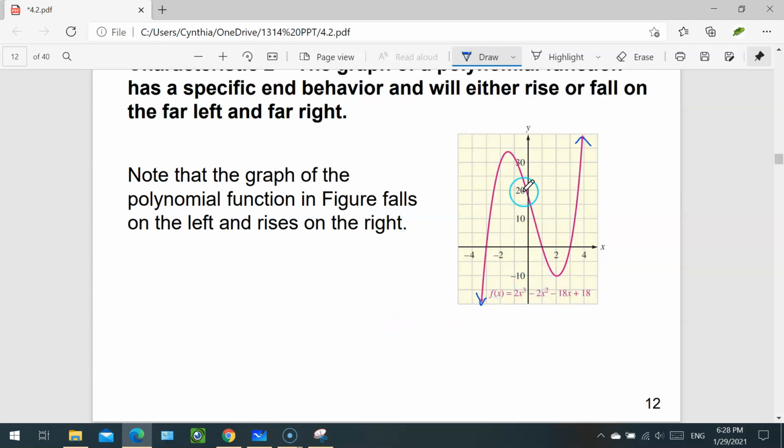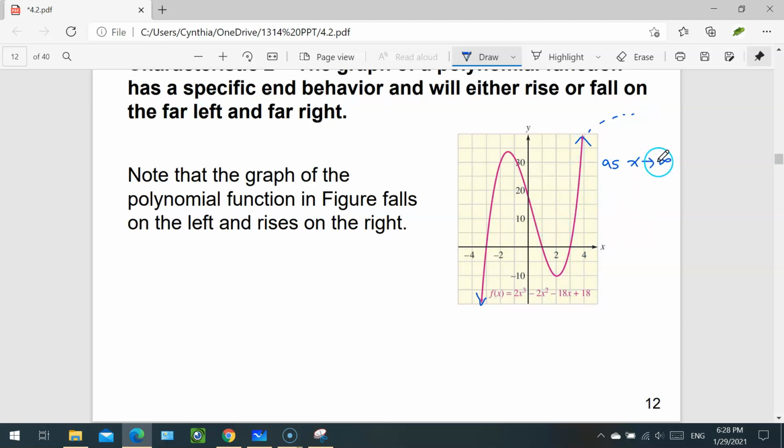So we write as x approaches infinity, the x will keep going to the right-hand side forever.